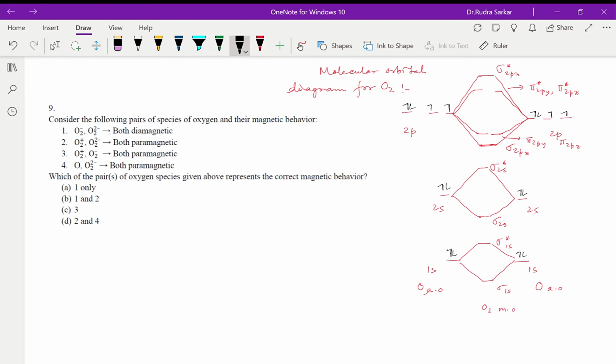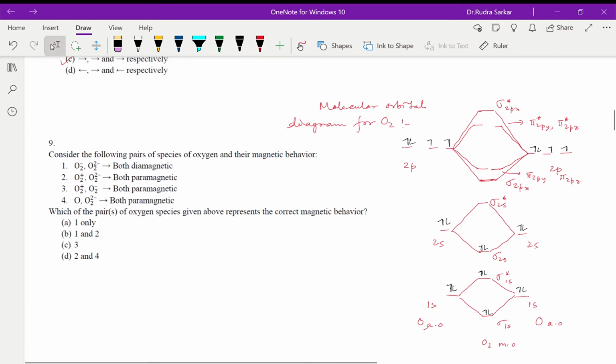Now if we put the electrons, obeying Hund's rule of maximum multiplicity and from lower energy to higher energy, all total the electrons will be 16. If you put the 16 electrons, then we find that there are 2 unpaired electrons in the anti-bonding MO of the oxygen. So oxygen by itself is paramagnetic.